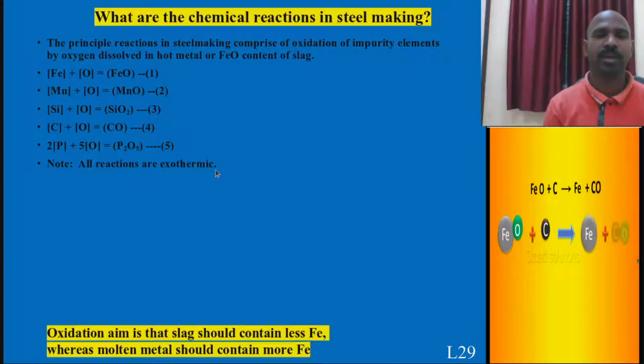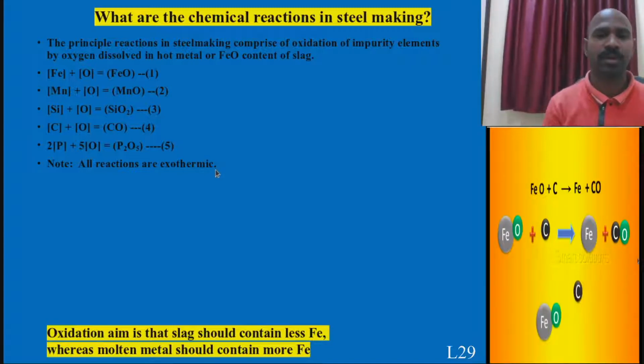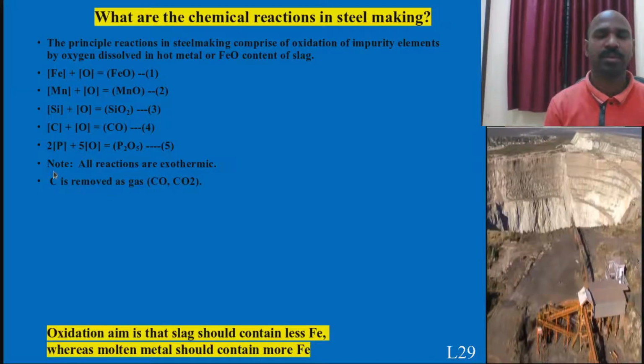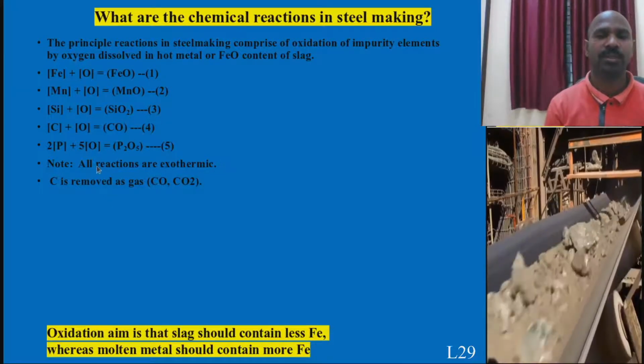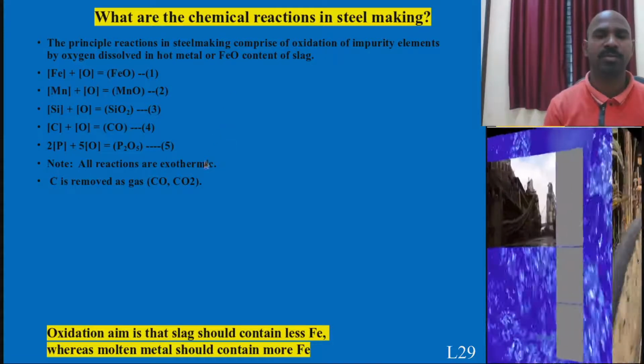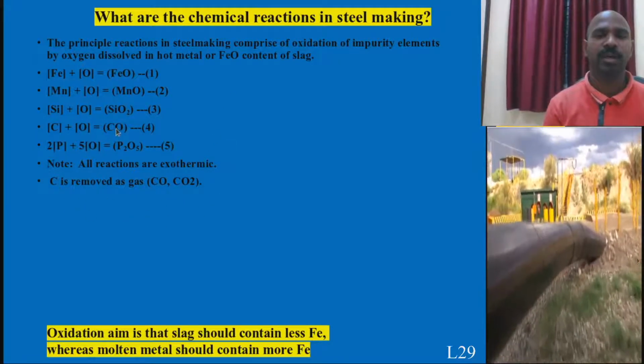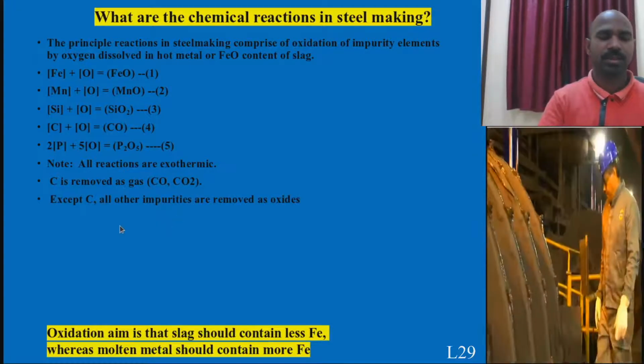Within the LD converter vessel, this series of reactions occurs, and with the amount of heat released, the temperature of the bath, the hot metal, will increase. You do not need to supply a special source of heat. In LD converter steel making, the carbon usually goes out in the form of CO or CO2.